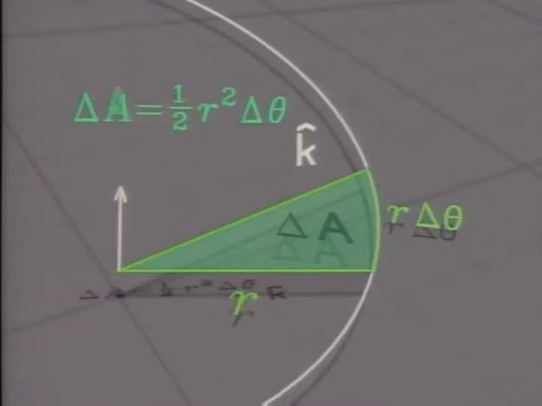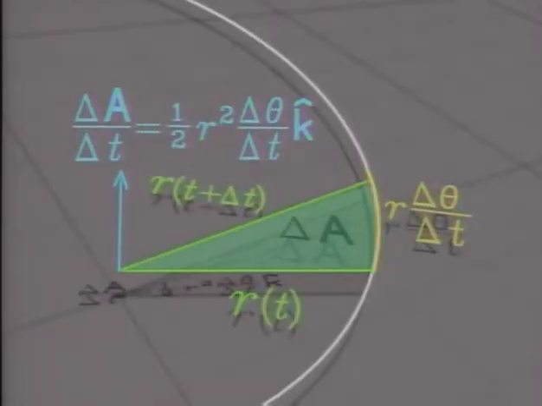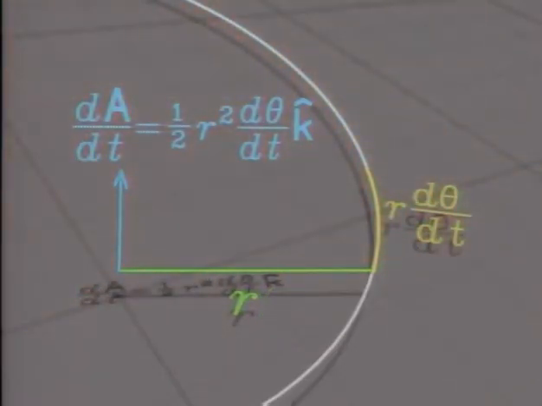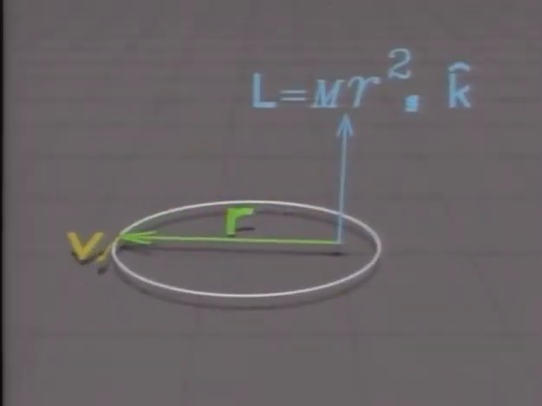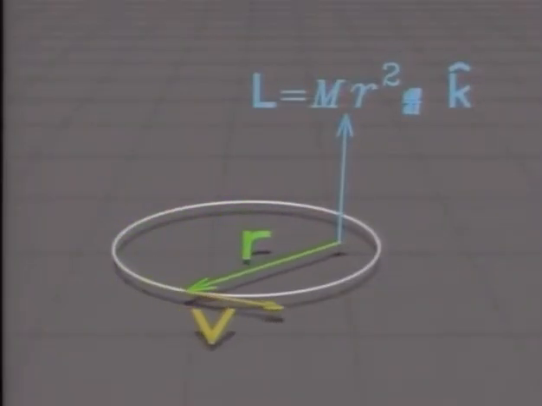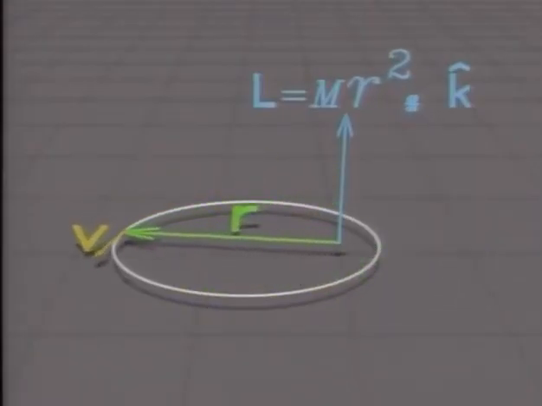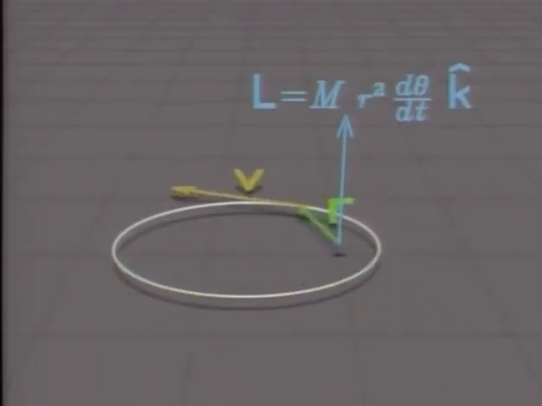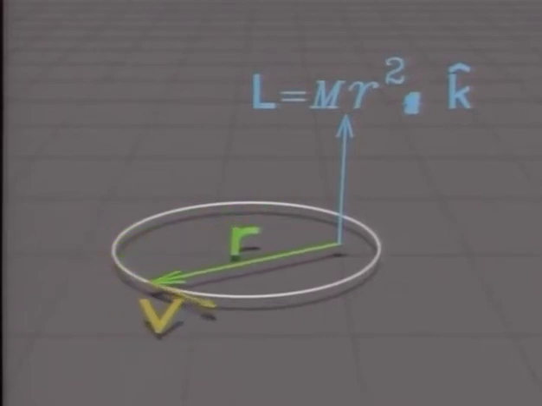The answer is most easily found in polar coordinates, where the rate of change of area is equal to 1/2 r squared d theta/dt. In terms of angular momentum, the result is a differential equation obeyed by all objects moving under any central force, including planets moving in elliptical orbits under the force of Newton's universal law of gravity.